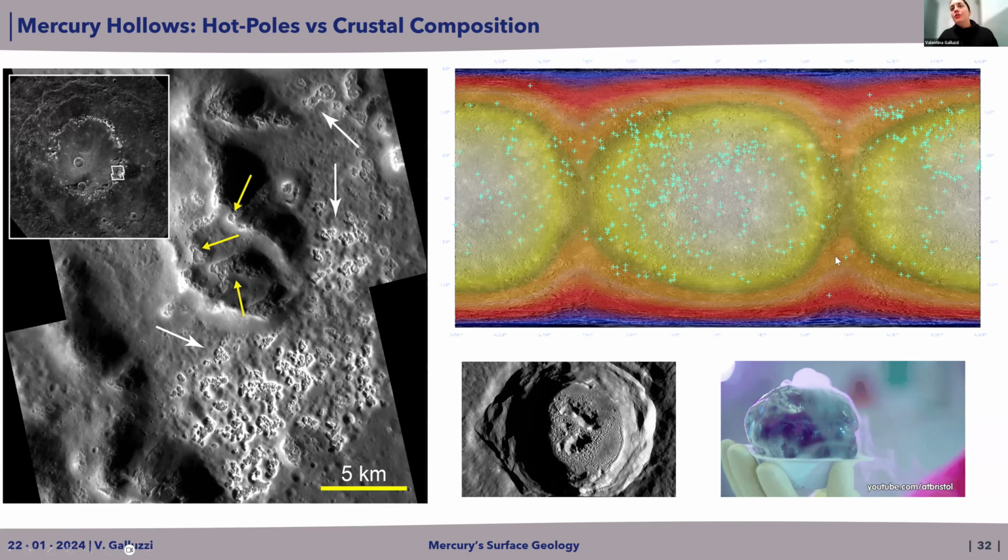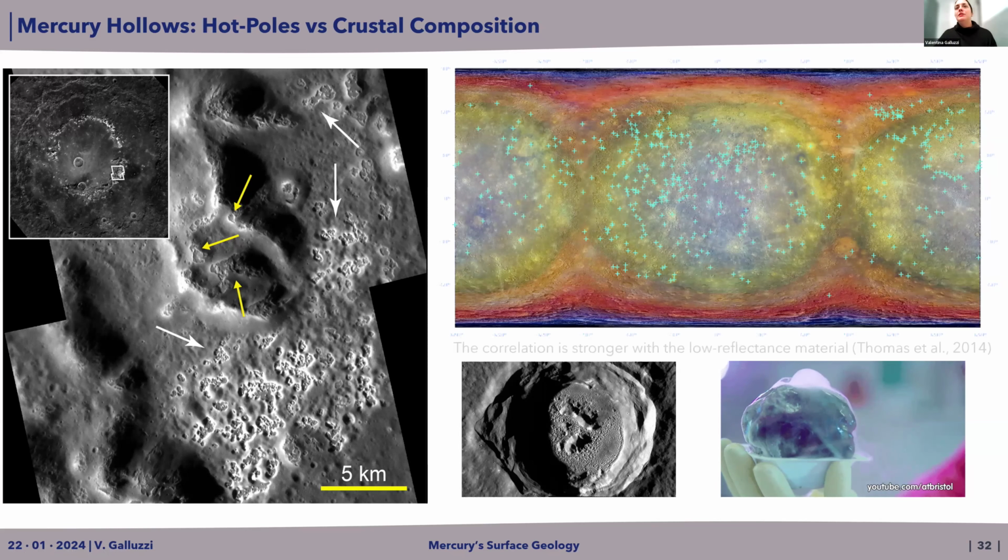These are the locations of hollows across Mercury, and you can see that there is a good correlation with the hot poles and warm poles, where you cannot find any hollows in the cold poles. So how do they form? They should probably form by sublimation of the crust of Mercury when exposed to the intense radiation of the sun.